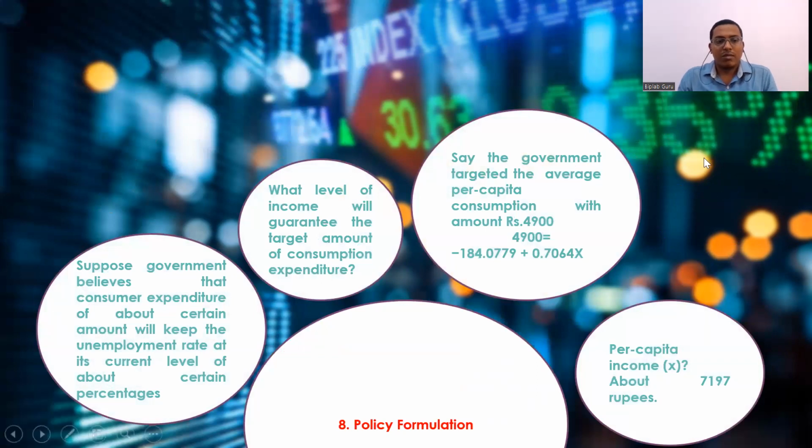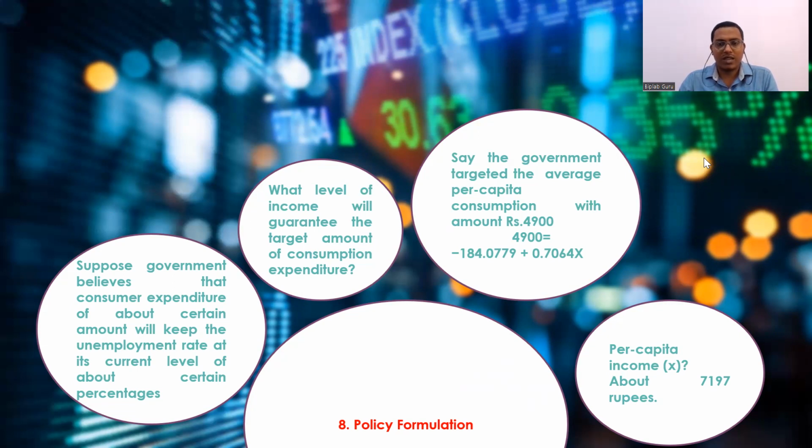So suppose the government believes that consumer expenditure of a certain amount will keep the unemployment rate at its current level of about certain percentages. So what level of income will guarantee the target amount of consumption expenditure? Say the government targeted the average per capita consumption at an amount, let us say 4,000. Then what should be the level of income? Here, as all the values are given, we can easily find out what should be the per capita income.